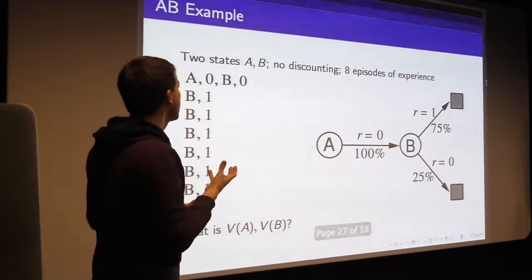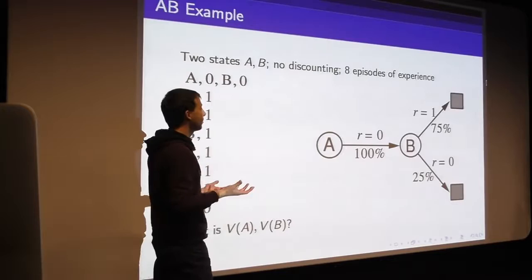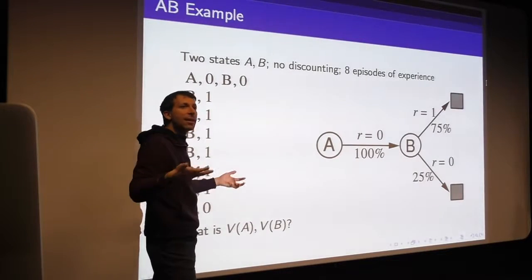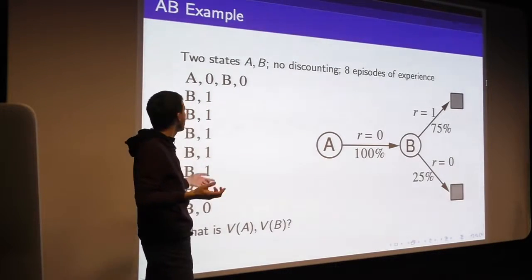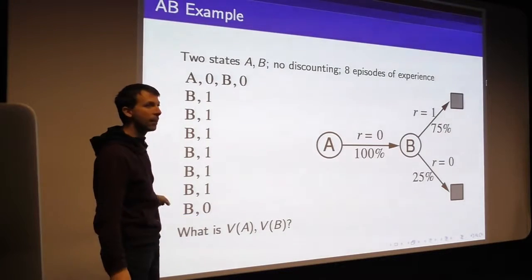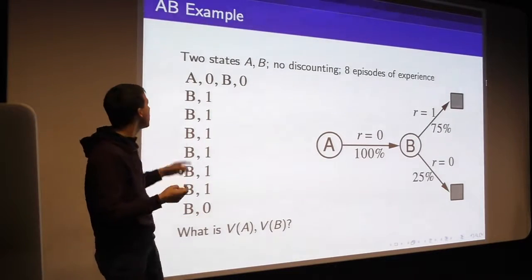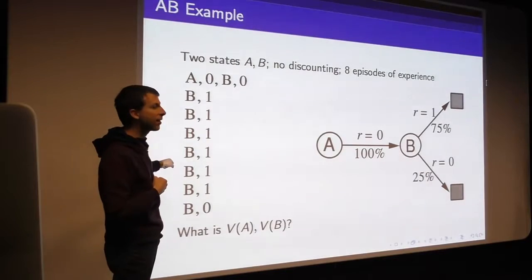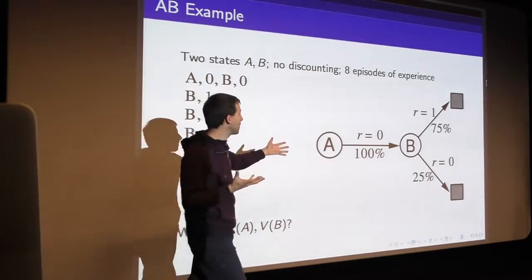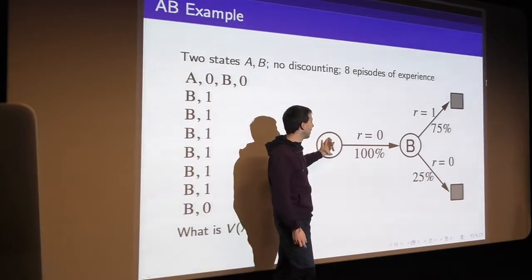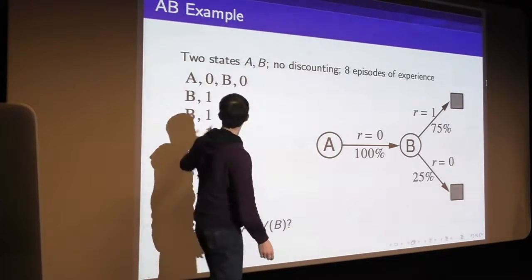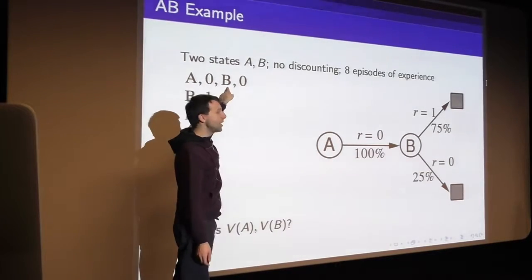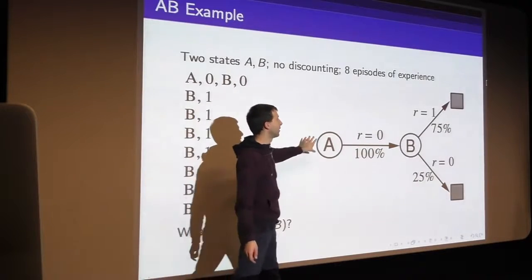Well, implicitly, what TD is doing is something like the following: it's building an MDP model. Imagine that you were trying to build an MDP model that models what we've seen so far. If you were to build an MDP to try and explain this data, you would build an MDP model that looks like this. You start in A, and 100% of the transitions that we've seen where we started in A transition to B, and got 0 reward along the way.